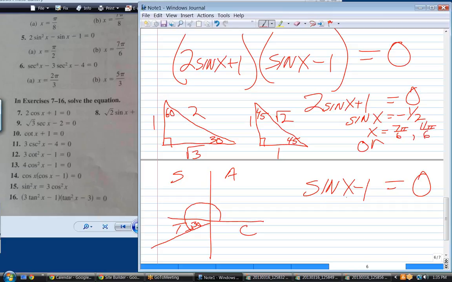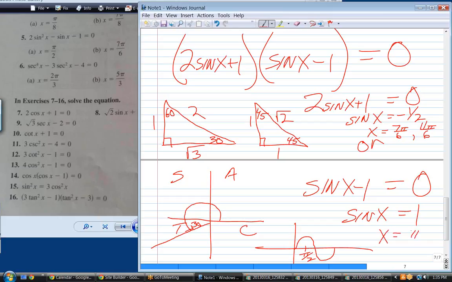And to solve the second part, sine x equal 1, where does that happen? For that, we need the graph of sine x, which is pi over 2. There's only one spot in the unit circle where that's true, and that is at pi over 2.